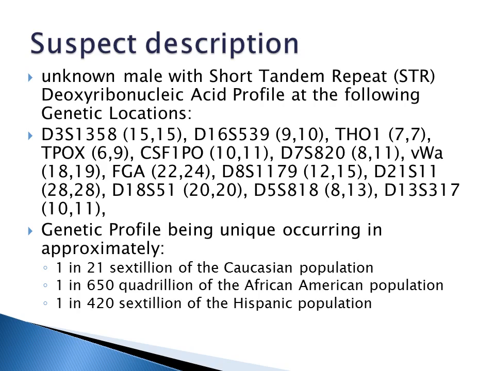So this person's DNA profile at these loci would occur in approximately 1 in 21 sextillion of the Caucasian population, 1 in 650 quadrillion of the African American population, and 1 in 420 sextillion of the Hispanic population.